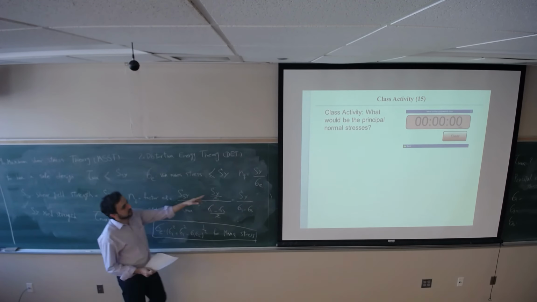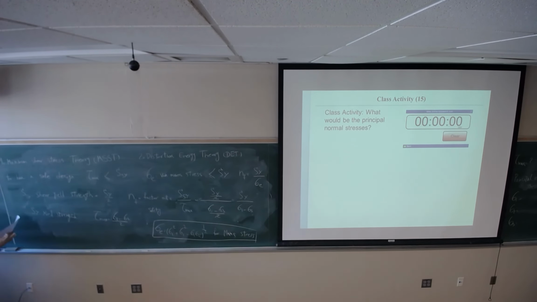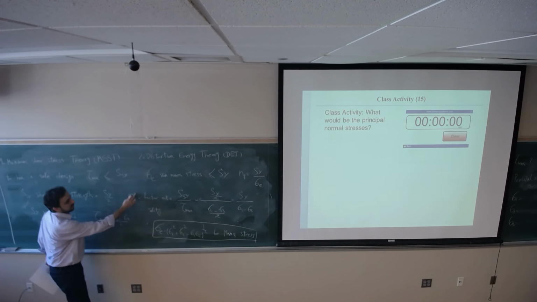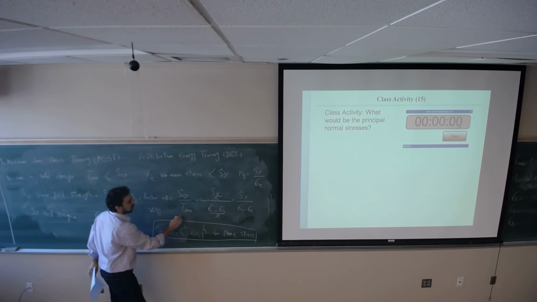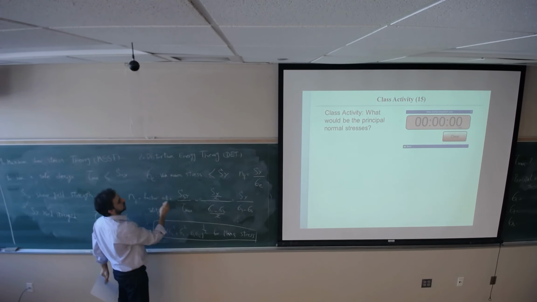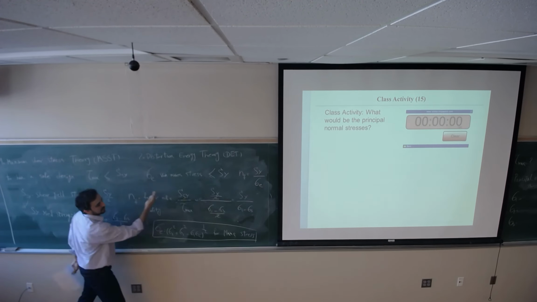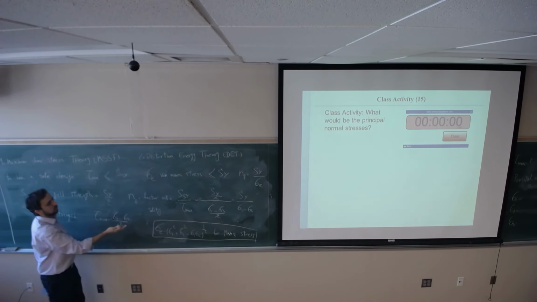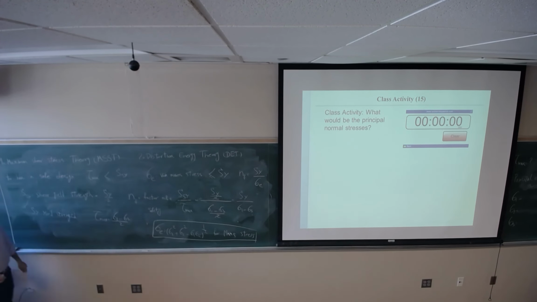And factor of safety can be defined by this. It's obvious that if the factor of safety is less than 1, it means tau max is greater than SSY, so we have failure. So if you want to have a safe design, NF should be greater than 1. If you want to be more conservative, you should get a greater value for NF.